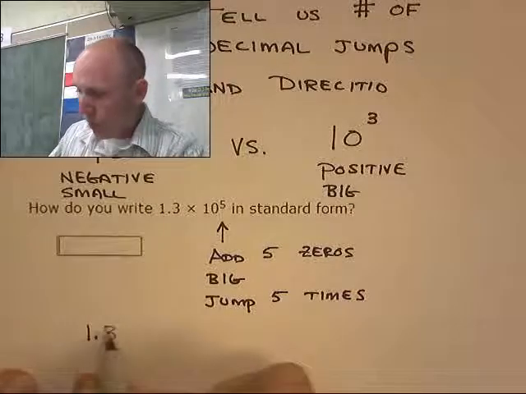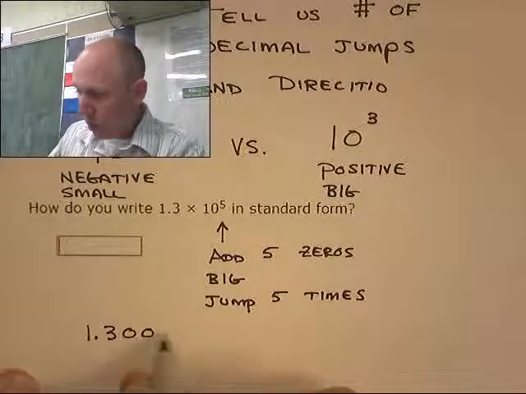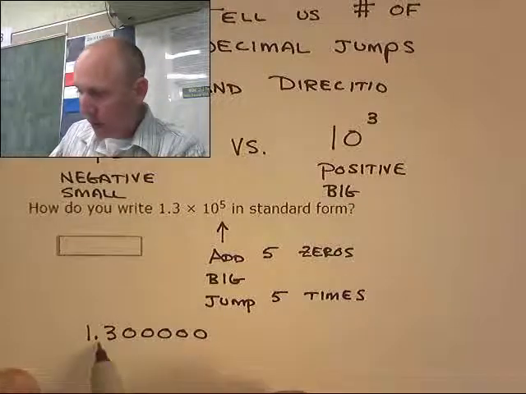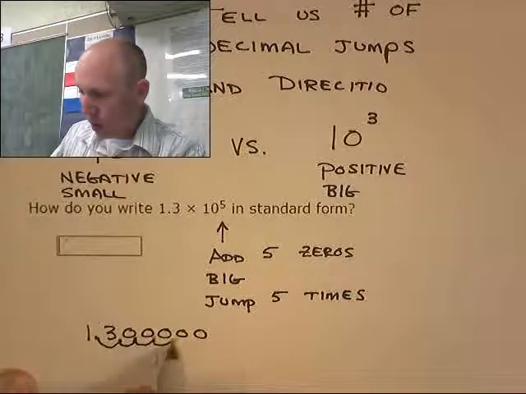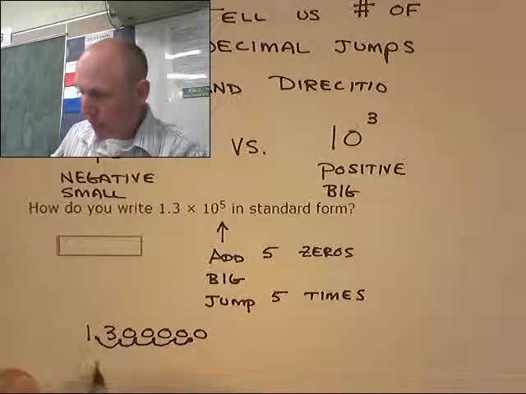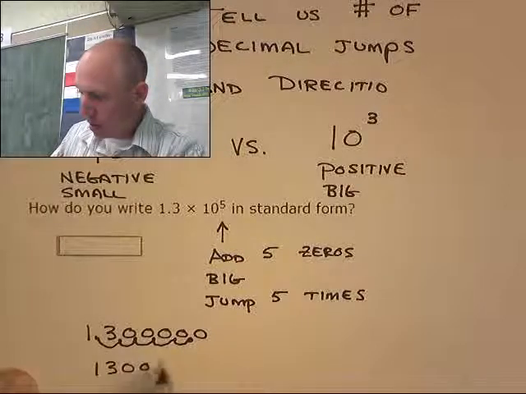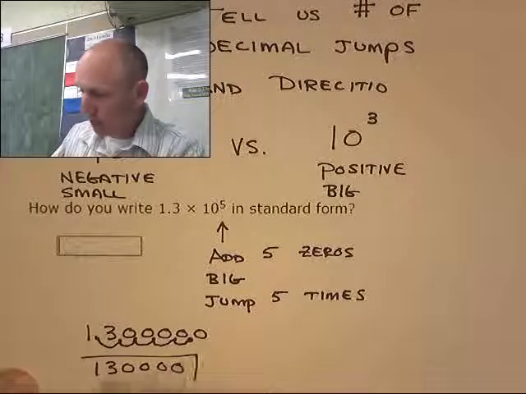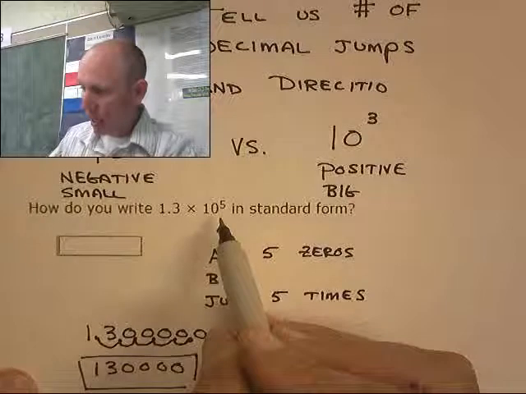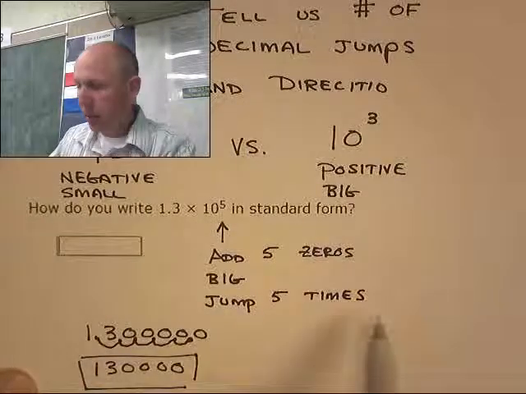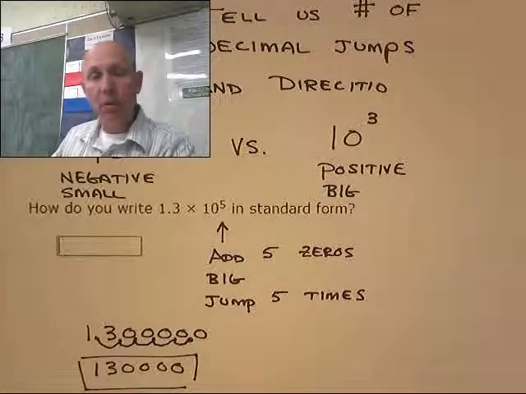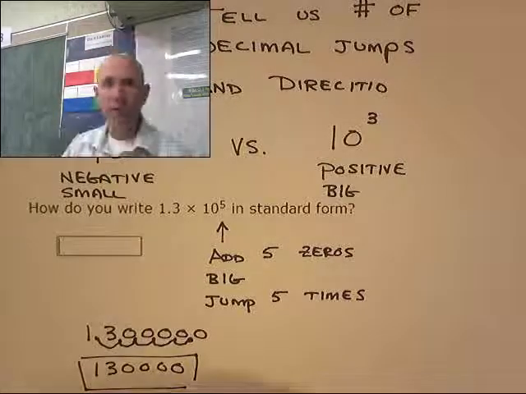Watch this. 1.3, 1, 2, 3, 4, 5. 1, 2, 3, 4, 5. There's my answer. 1, 3, 0, 0, 0, 0. Add 5 zeros behind it because it's a big number, and do 5 jumps of the decimal.